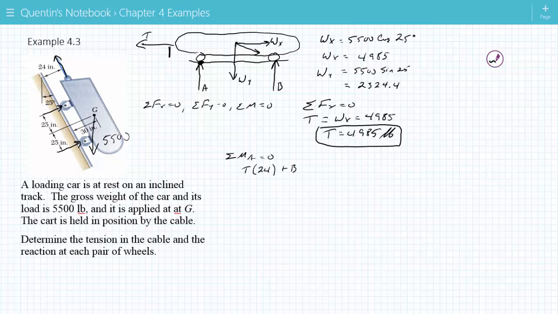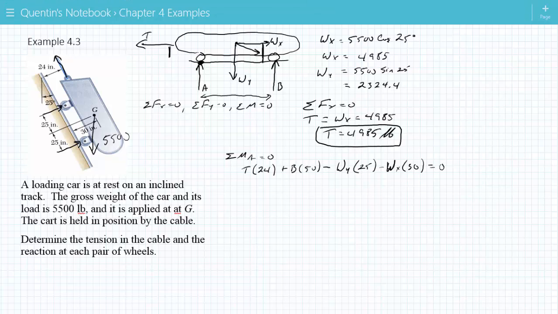And B times its lever arm, 50, the distance from here to there, also counterclockwise. Then we subtract off the weight in the Y times this lever arm, which is 25, because that rotates the other direction. We also subtract off W in the X times this lever arm, which is 30, and that is equal to 0.